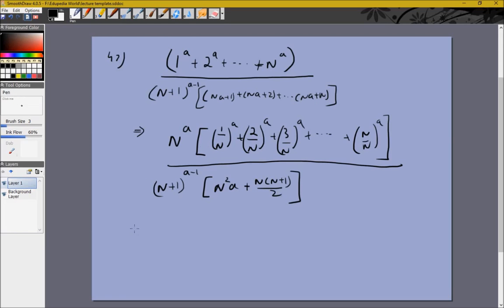Right, now we can write this a little bit more simply as n to the power a by n plus 1 to the power a minus 1 times n. Let's just take this to be n to the power a minus 1, remove one n, na plus n plus 1 by 2.